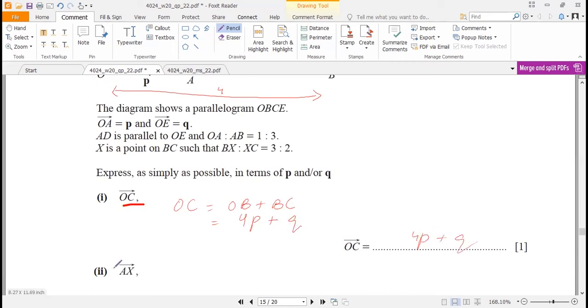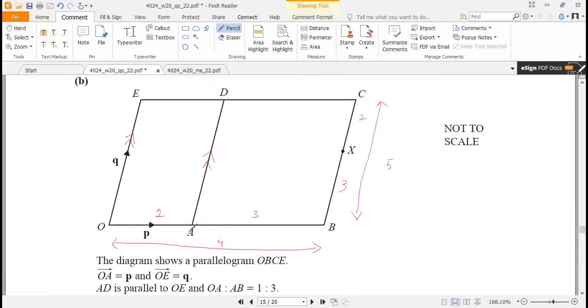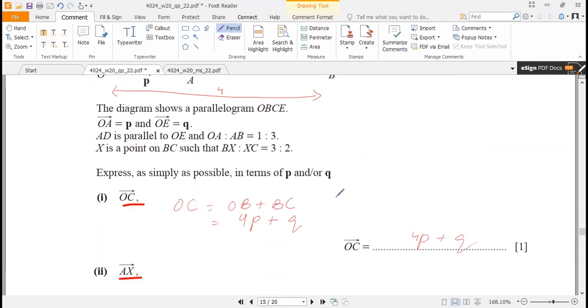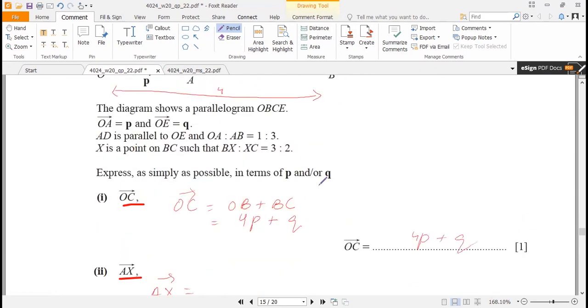Now come to part 2, that is AX. So we will have AB plus BX. AX will be equal to AB plus BX.